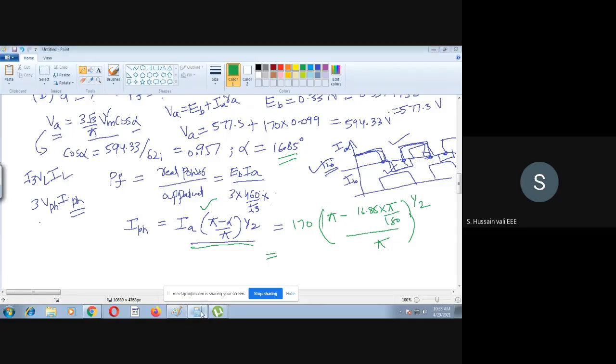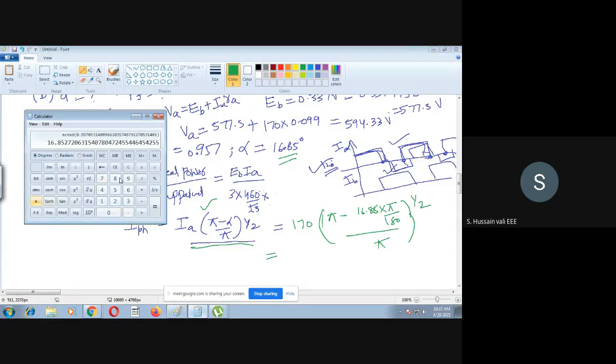So 16.85 divided by 180 multiplied with pi, minus 3.14, pi is 3.14, you make it plus, divided by 3.14, over square root.